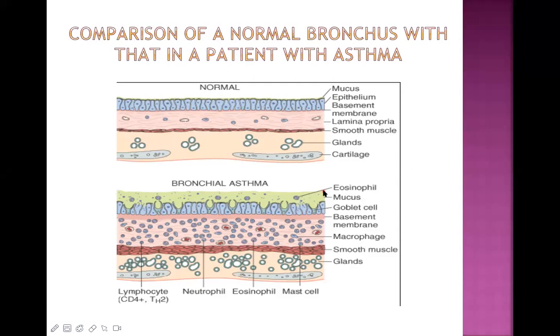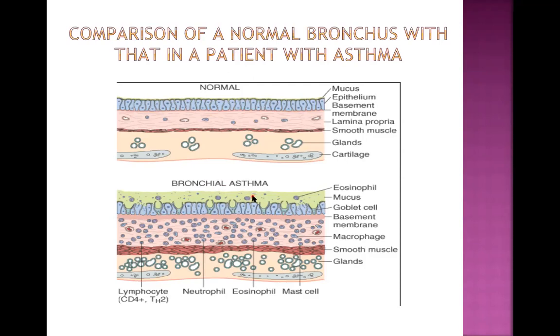Now, in comparison to the bronchial asthma airway, see there. Number one, the whole thickness is increasing, and the lumen size will decrease. If the thickness of the wall increases, the lumen size will definitely decrease. I cannot show you the lumen here because the rounded structure is not shown, but you need to understand that.